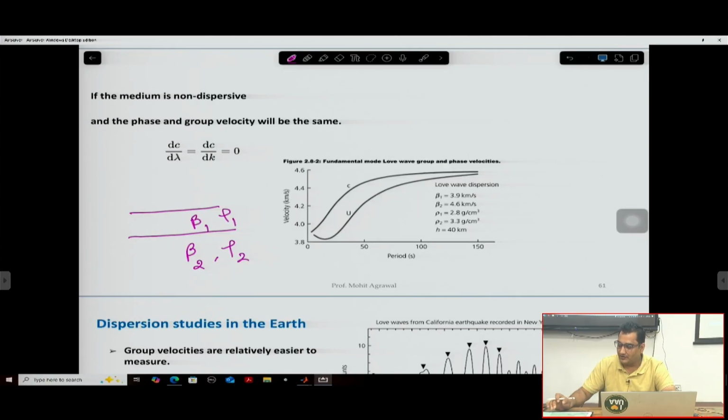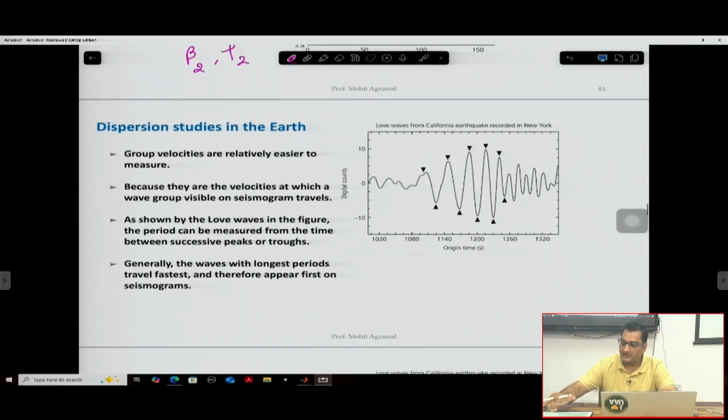For this model, we generated the group velocities for the Love wave and the phase velocities, and it turned up like this. You can see the phase velocity dispersion curve is above the group velocity dispersion curve.